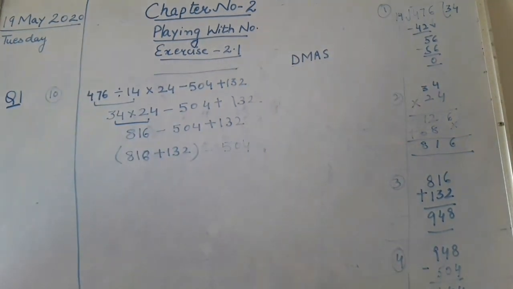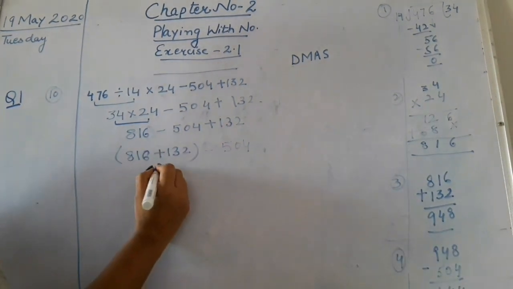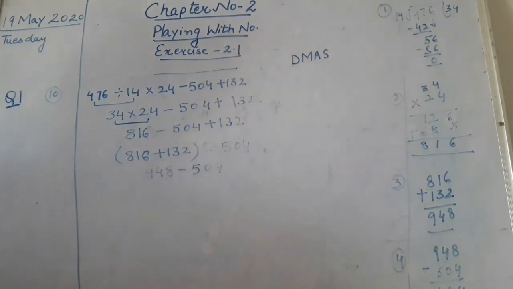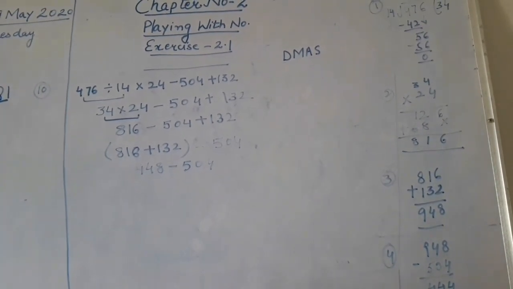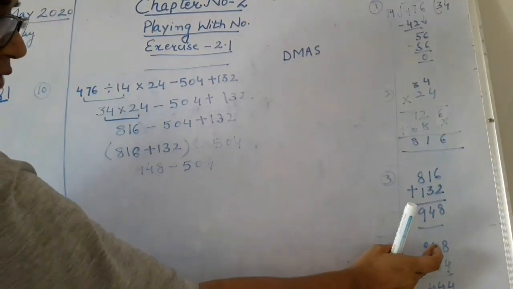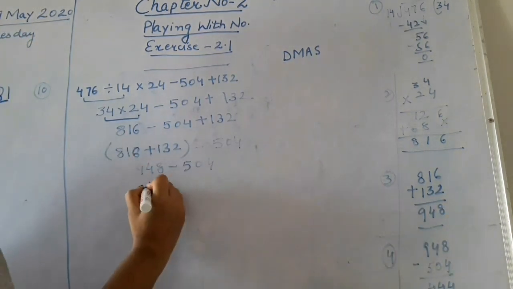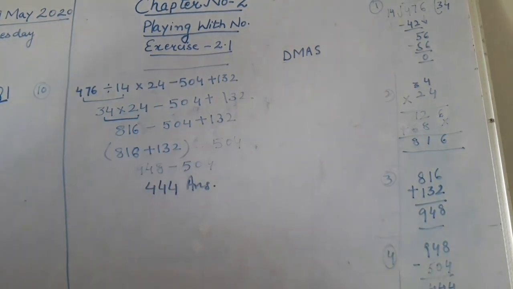On adding 816 and 132 I get my answer 948, minus 504, and on subtracting 948 minus 504 I get my answer as 444. In this way you can solve your exercise 2.1.